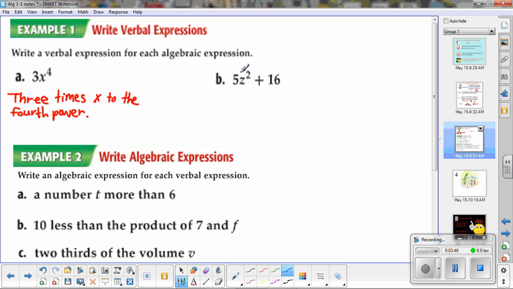The second one, 5z squared plus 16, could be 5 times z to the second power, or 5 times z squared, plus 16.